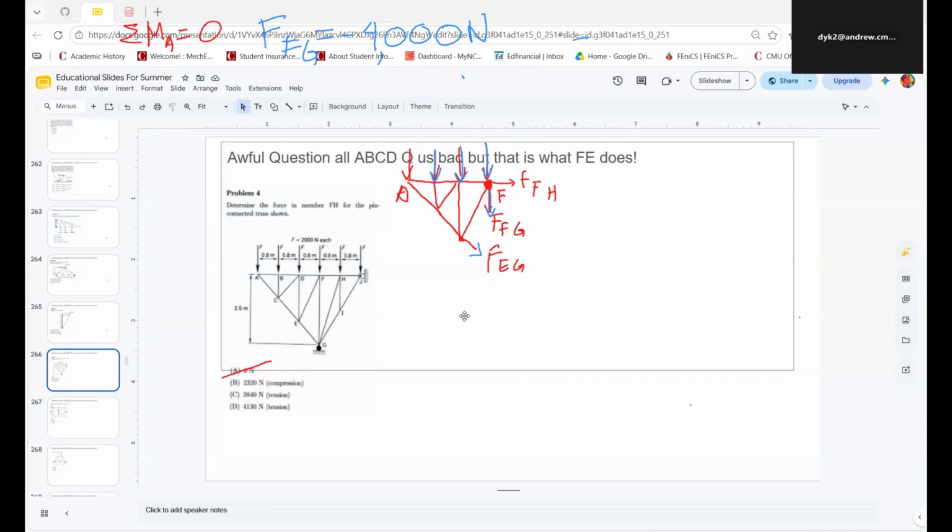Because if I do another moment over here, we can get FD and we'd be finished with the question. So we could do a moment on E equals 0 and be finished with the question.